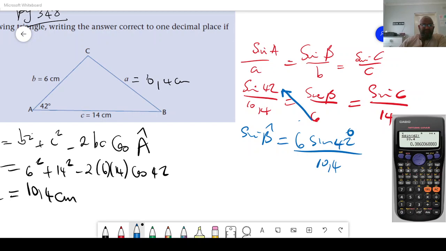That is 0,386. So angle beta is equal to arc sine of 0,386. Of course, the number carries on. So angle beta works out to be arc sine of that answer. So that gives you 22,71 or 22,7.